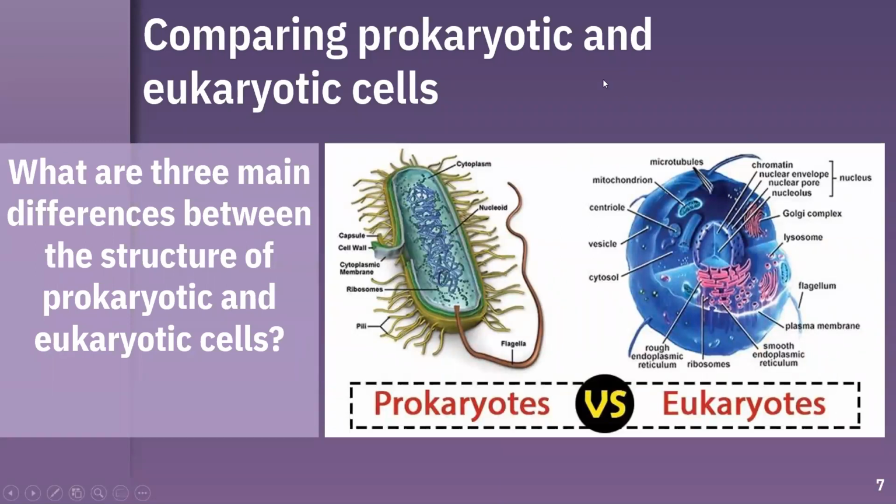So what are the differences between a prokaryotic and eukaryotic cell? Now remember that prokaryotes are bacteria and archaea. Eukaryotes are plants, animals, fungi, and protists.